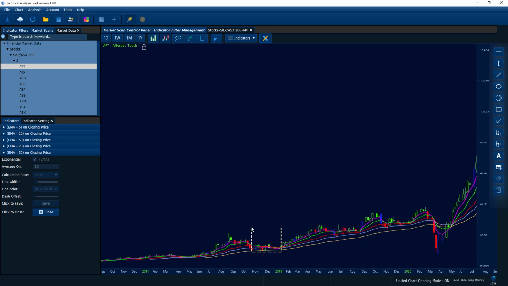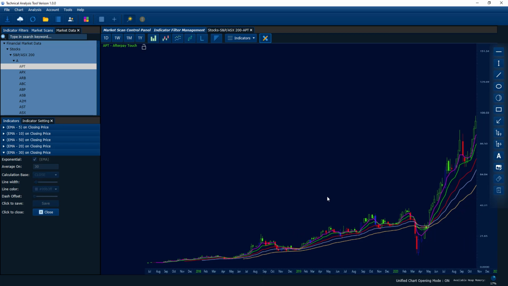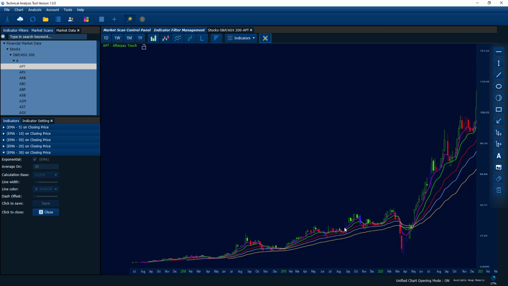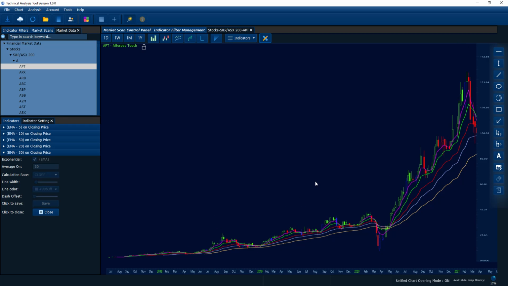For example, for any consolidation or bottoming, for a share that is at the bottom and forming a bottom pattern, if this consolidation lasts a really long time, then the upward movement is going to be stronger.